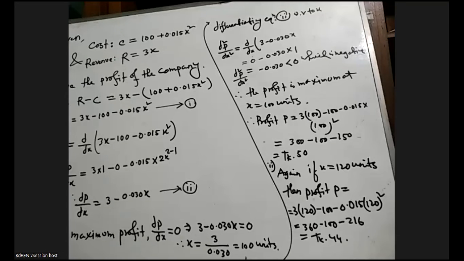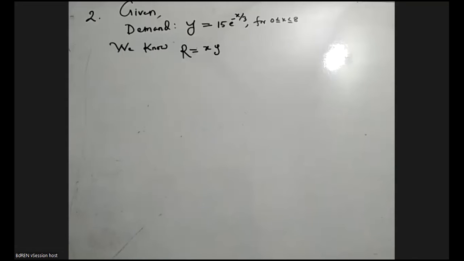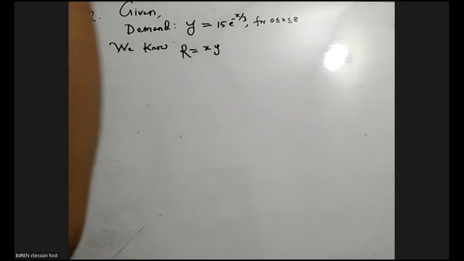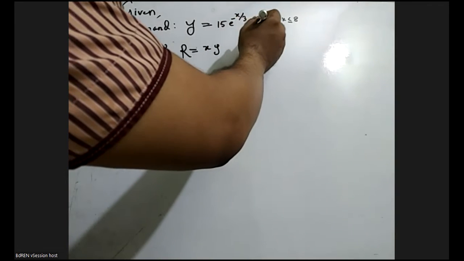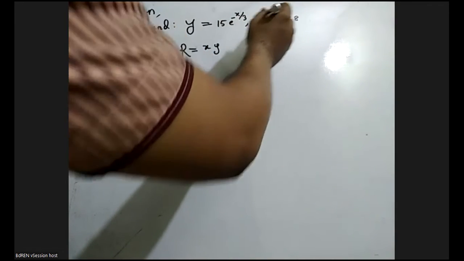Now, second number. Okay, now the second problem. We are given the demand y equals 15 into e to the power minus x by 3, where x lies between 0 and 8.